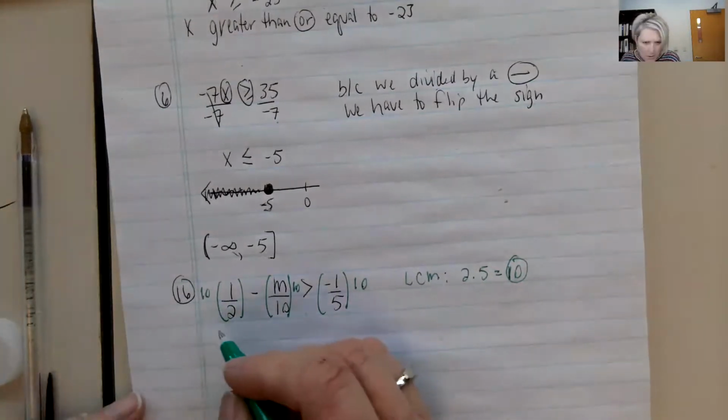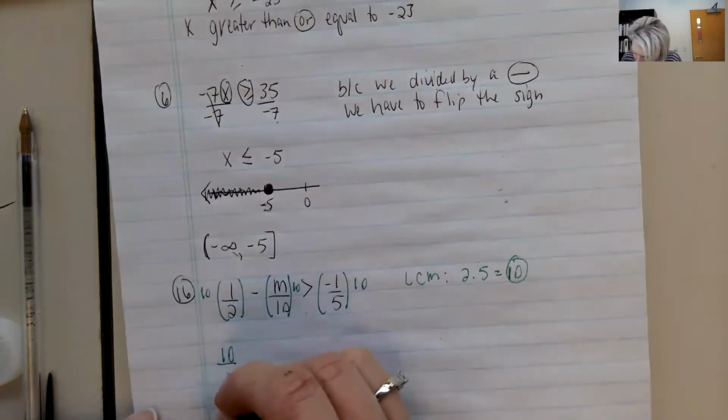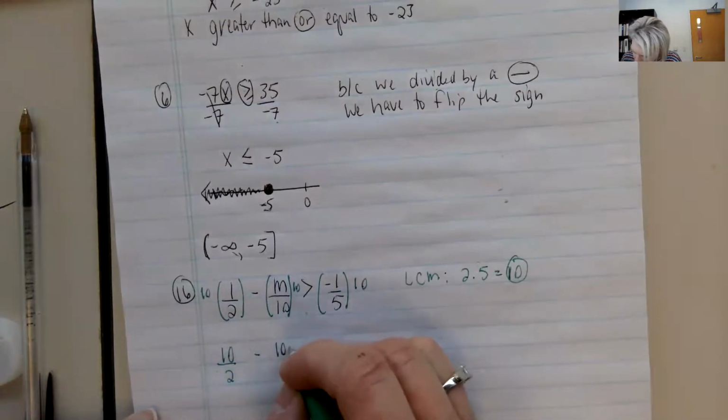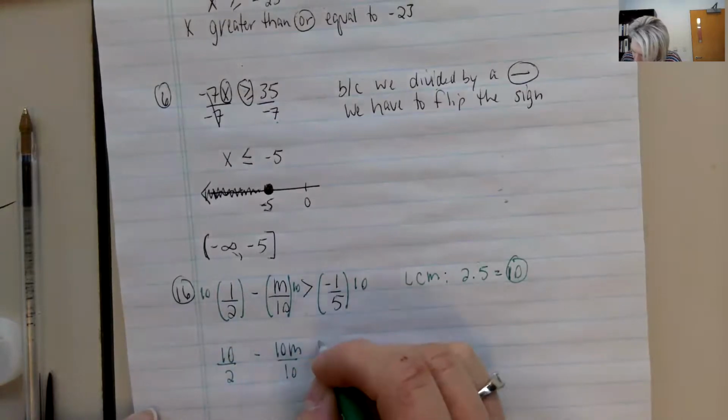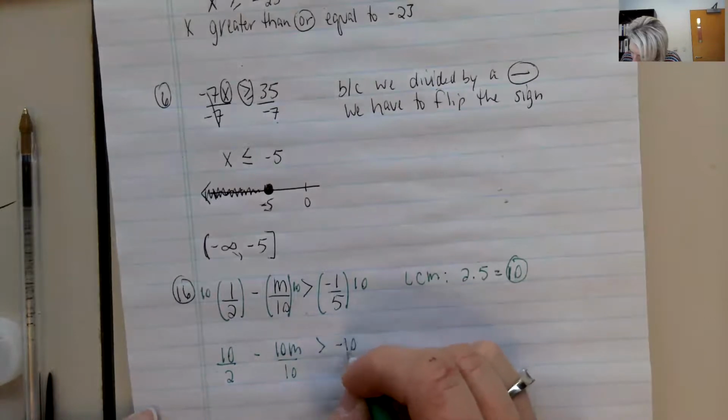Okay, so I'm going to multiply through. This becomes 10 over 2 minus 10m over 10 greater than a negative 10 over 5.